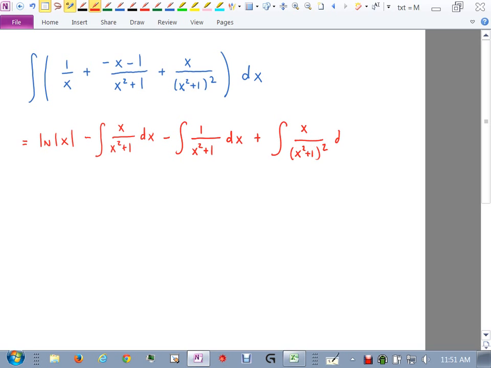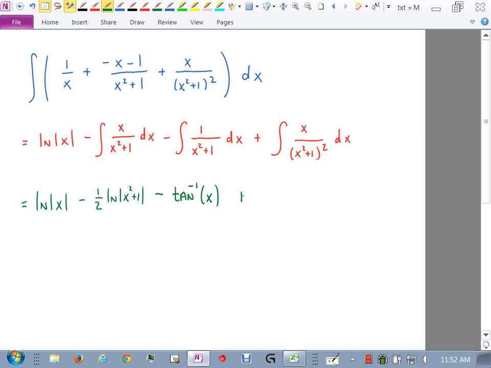How am I going to do that one? Another u substitution. u is x squared, du is up here. We're off by a constant. Without me showing you the actual u substitution on those, I believe we should get a 1/2 natural log x squared plus 1 here. Then on this next one, minus, this is arctan, right, with a being 1. So when a is 1, it's real nice, just arctan x.